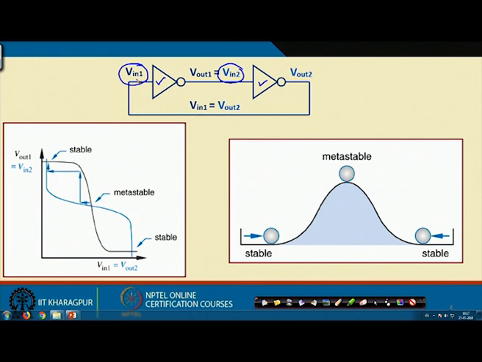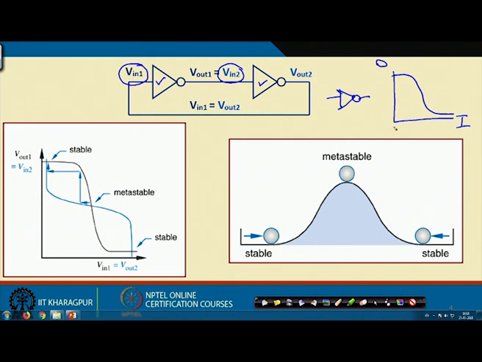Now, you see one thing, whenever we have a single inverter like this, a single NOT gate, if we try to plot the input versus output voltage, this is the input voltage and this is the output voltage, let us say. The curve typically shows a behavior like this.